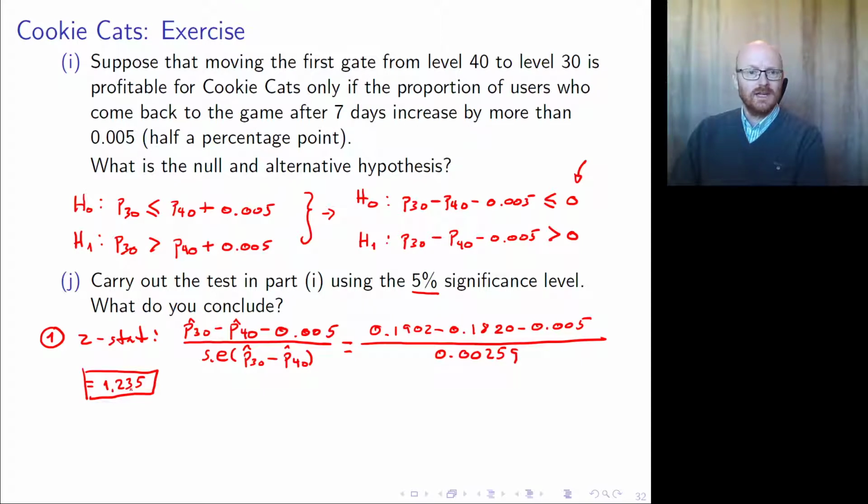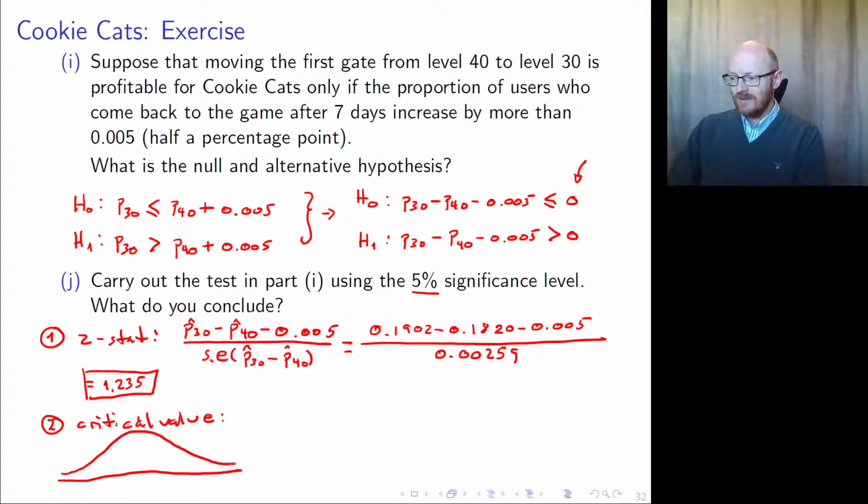And what we now need is the critical value. Okay, so that's just the value from the standard normal distribution centered at 0, and we would like for this tail part to be 5%, because we want to use the 5% significance level, right?